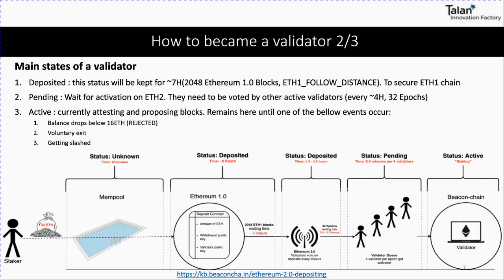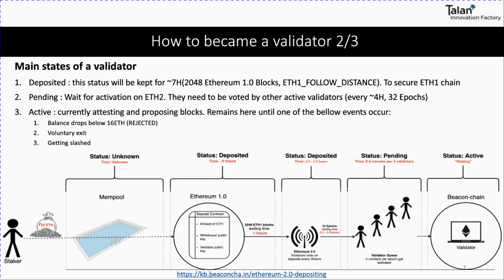They need to be voted in by other active validators, and this also takes time, about 32 epochs, and we will see exactly what epochs are. Once this is done, we have an active validator currently attesting and proposing blocks, which remains so until one of the events below occurs. You can keep validating and participating in the network until the balance drops below 16 Ether.